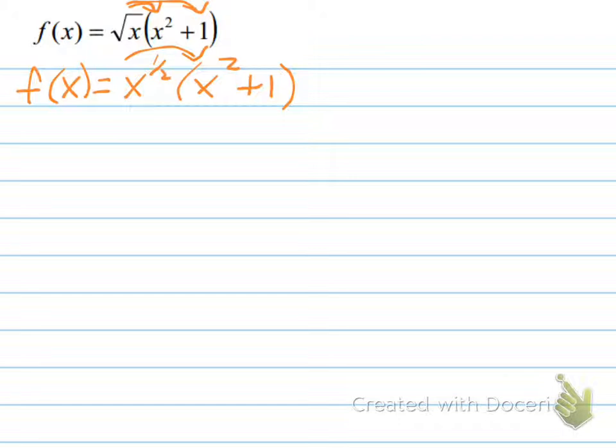And whenever you multiply and you have two bases that are alike with exponents, you add their exponents. So in this case, this would be x to the 1/2 plus 2 plus x to the 1/2.